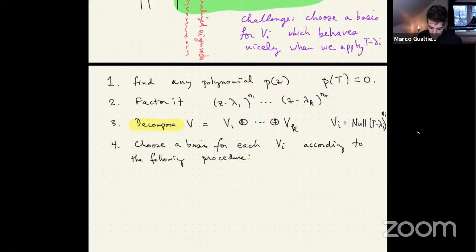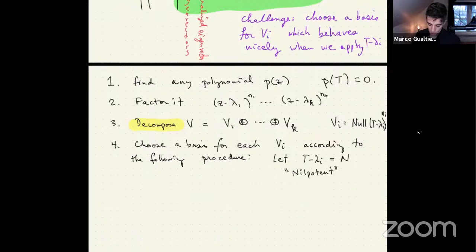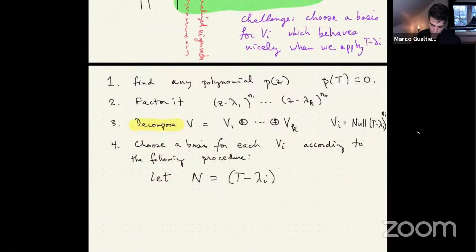Let N be T minus lambda I, restricted to Vi.